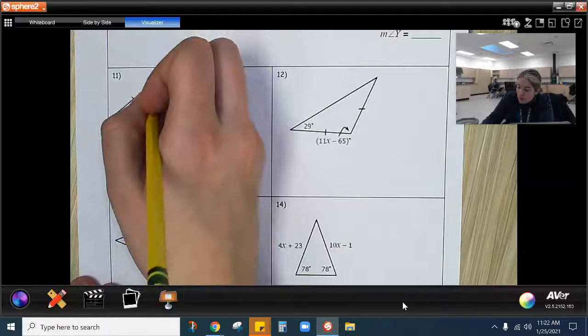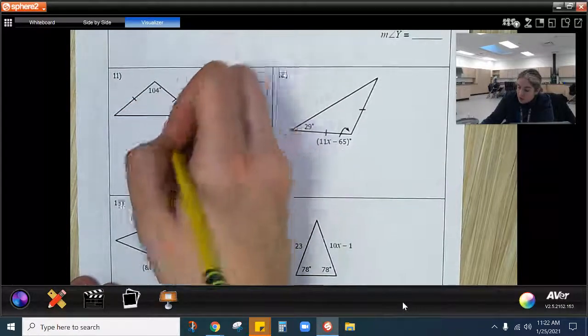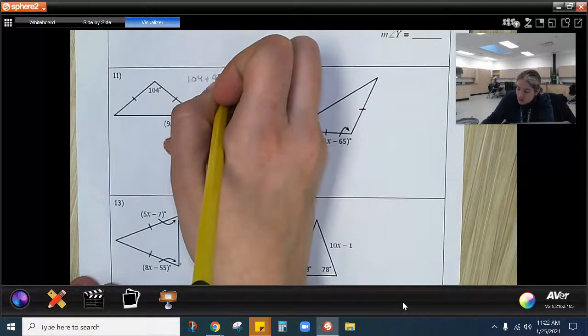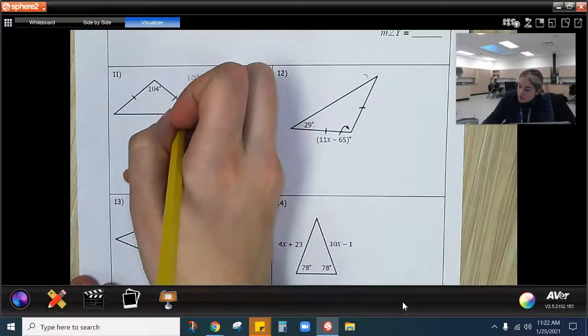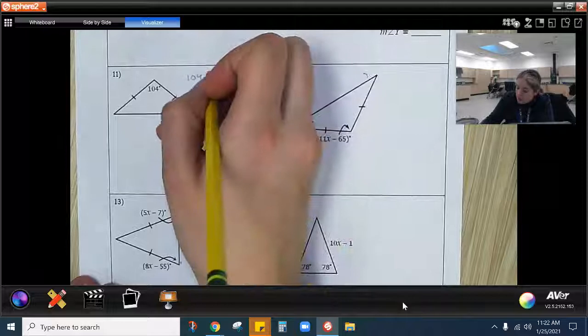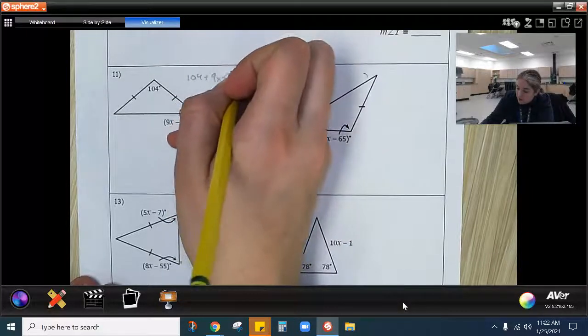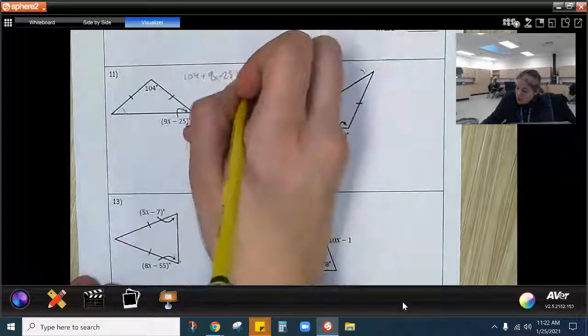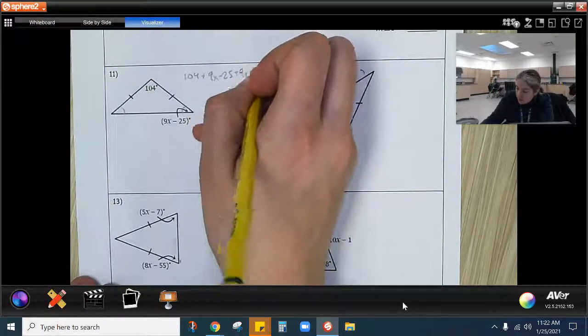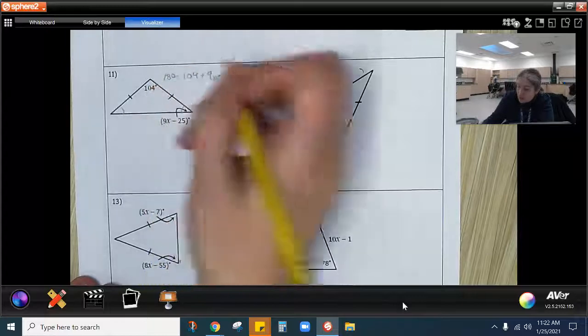So you know that you have 104 plus 9x. Actually, I'm going to just change this. No, I'm not. 9x minus 25. You know that this angle and this angle are congruent. So 9x minus 25, and that's going to be equal to 180.